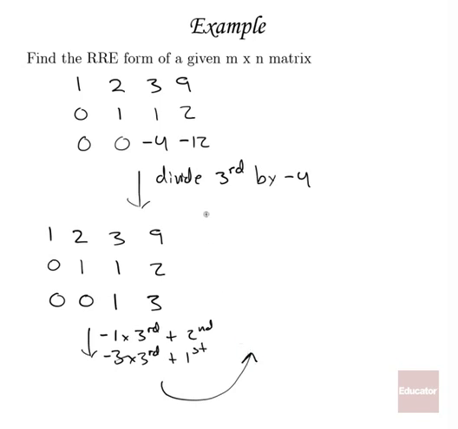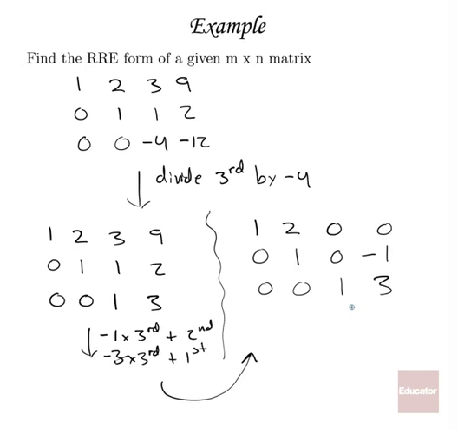And when we do that, we end up with 1, 2, 0, 0, 0, 1, 0, negative 1, 0, 0, 1, 3.